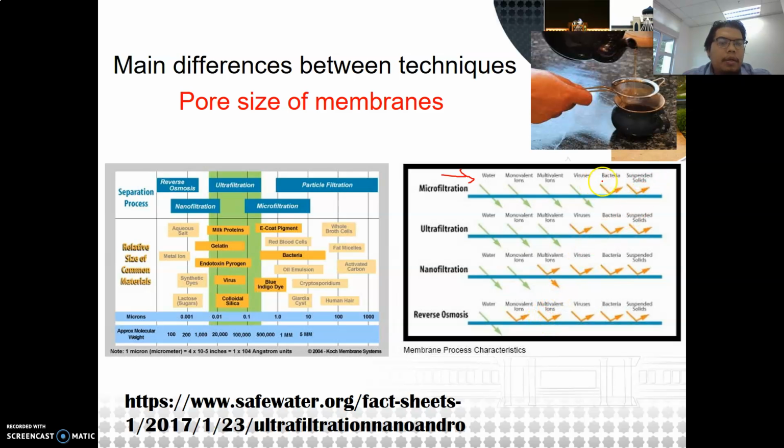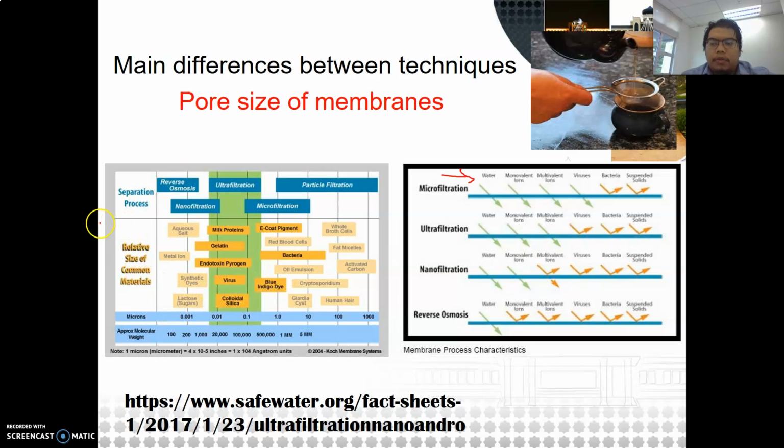Here, the orange arrow shows the type of material or particle that is retained by the membrane.